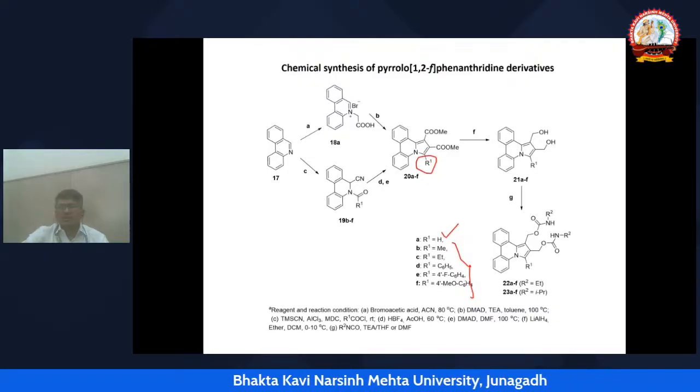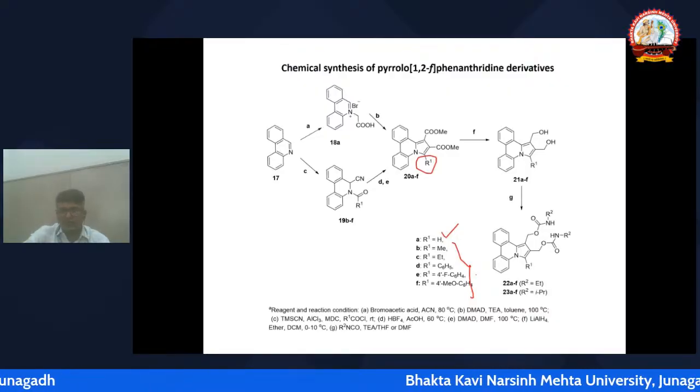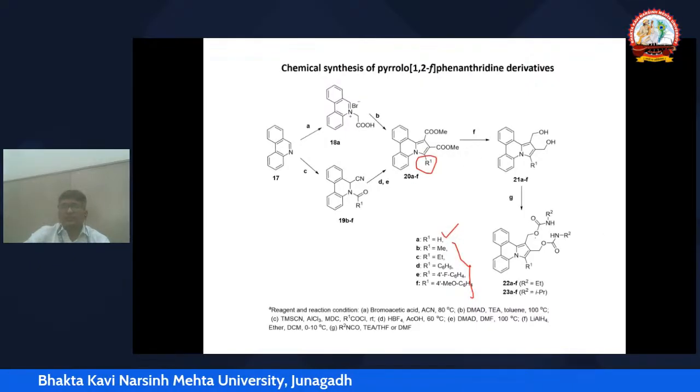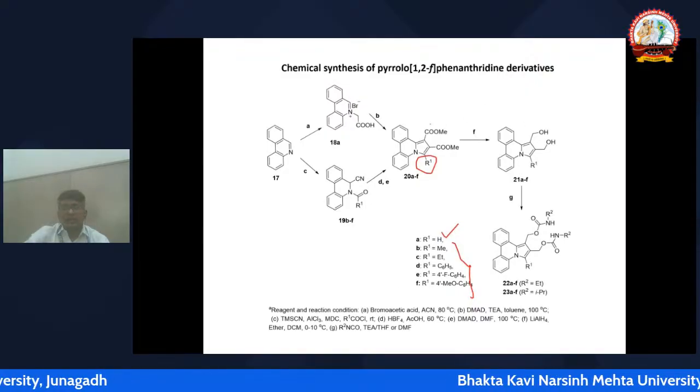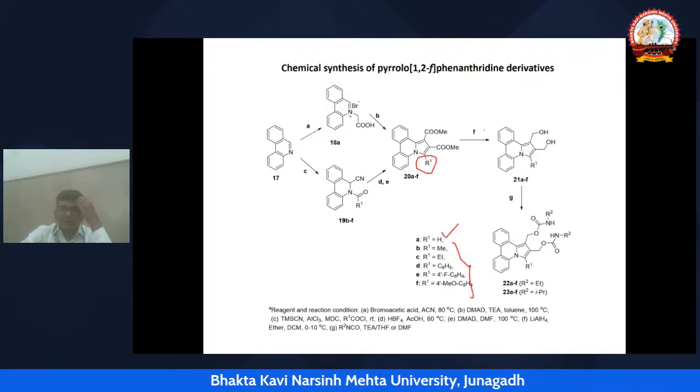We have taken this 4-fluoro and 4-methoxy to check their electronic effect, meaning electron withdrawing effect as well as electron donating effect. After that, 20A to F reacts with lithium aluminum hydride, and under the condition of lithium aluminum hydride reduction, it produces diol compounds.